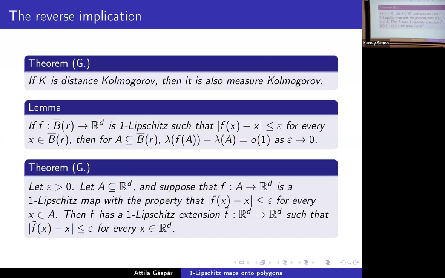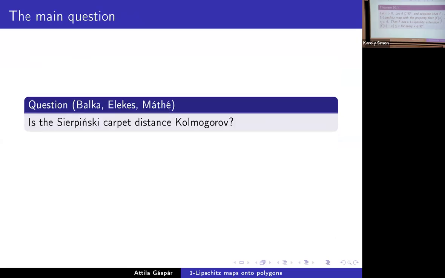Now, let's move on to the main question. Balkayakis and Máté asked whether the Sierpinski carpet is distance Kolmogorov. They hoped that if it was not distance Kolmogorov, then that could have shown that there's a counterexample also to the measure Kolmogorov problem.